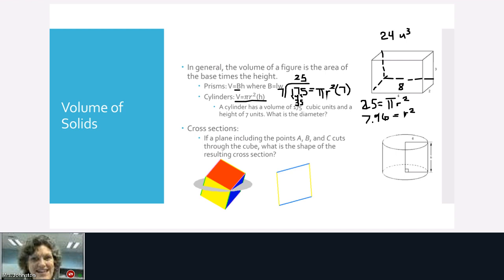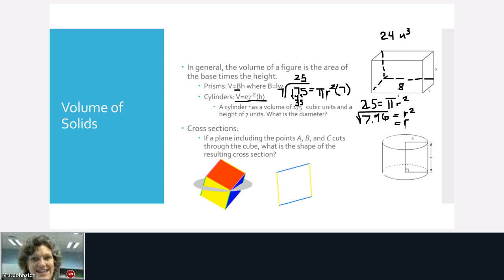Now, in order to find r, which I had to find in order to find d, I'm going to have to take the square root of 7.96. So I'm going to hit my little square root marker, if I have it on here, and looks like I don't on this calculator. Yes, I do.